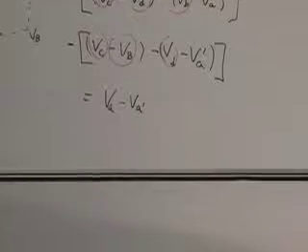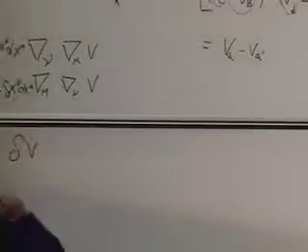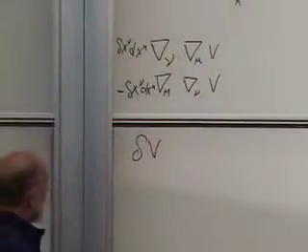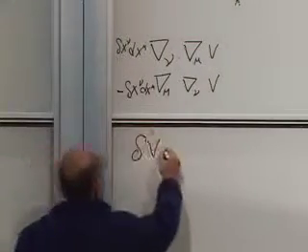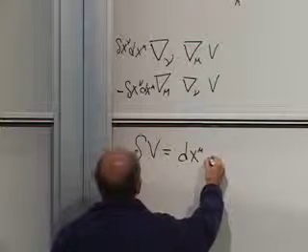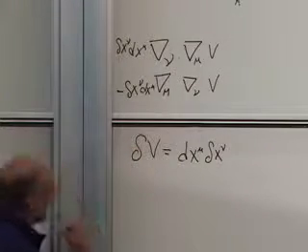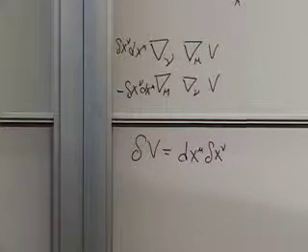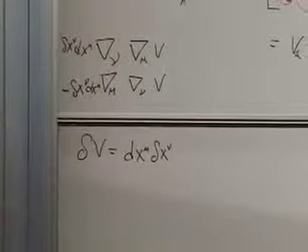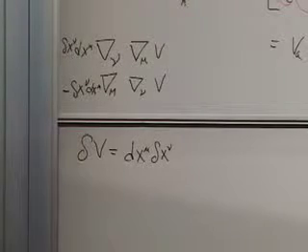So what have we found? We found that the change in V when you go around a closed loop, first of all, contains these little differential elements, dx mu and delta x nu. That's the little area element contained in the rectangle, or parallelogram. It doesn't have to be a rectangle, it could be a parallelogram.